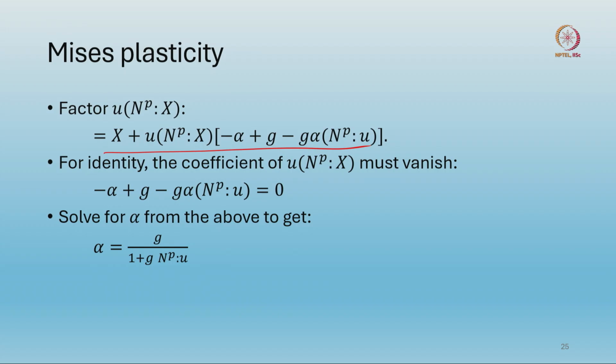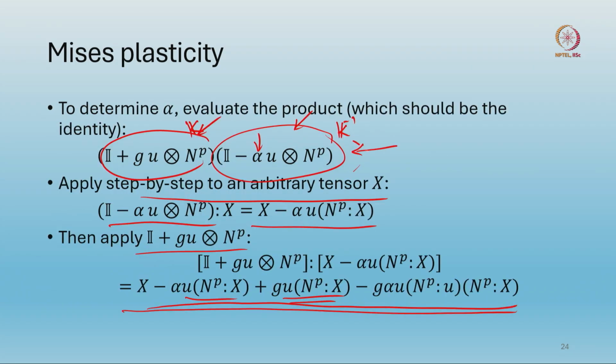Now, what is the requirement for the identity? The whole thing worked on x, and if this whole coefficient matrix, the coefficient tensor, becomes an identity, then the result is also x.